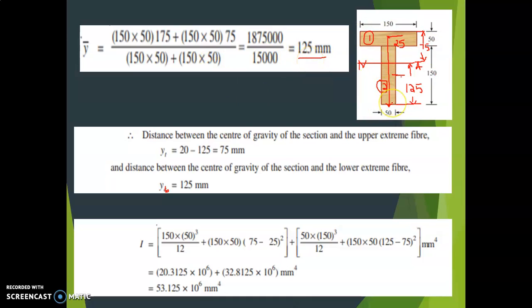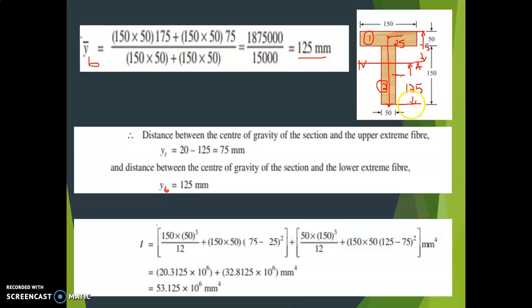But I considered this from the bottom side. So whatever answer I got, I will write that as YB, because I considered the neutral axis at the bottom. So YB is equal to 125. What is YT now? The total distance is 150 plus 50, that is equal to 200.